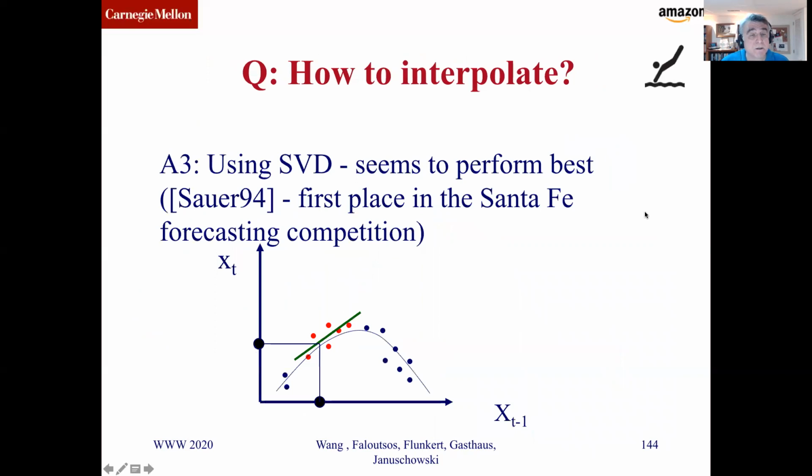The winning answer, which Tim Sauer used and won first place in the time series forecasting competition in '93, was to get the 4 nearest neighbors, figure out the points in their appropriate dimensional space, fit a hyperplane using singular value decomposition, and then do the upward and left motion.